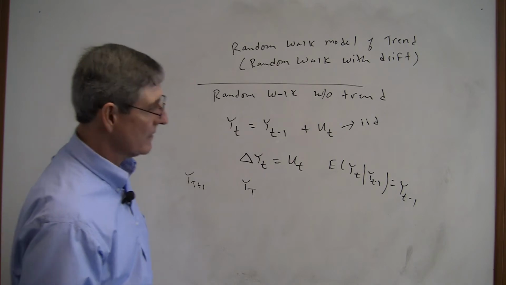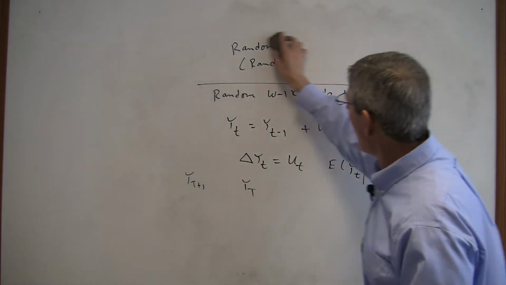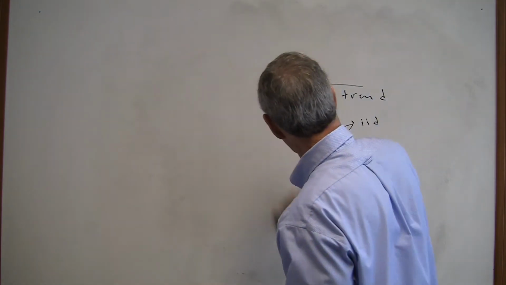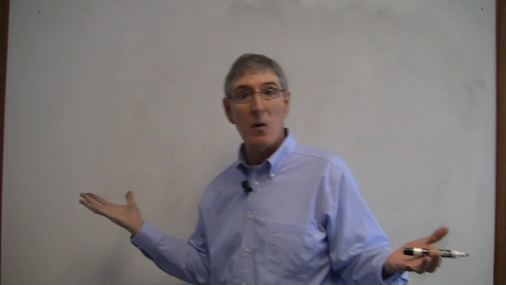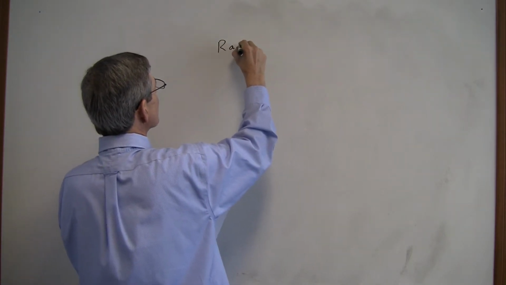So when you have a random walk, your best forecast of tomorrow is where you are today, because where you are tomorrow is totally random. A different model is a random walk with drift.